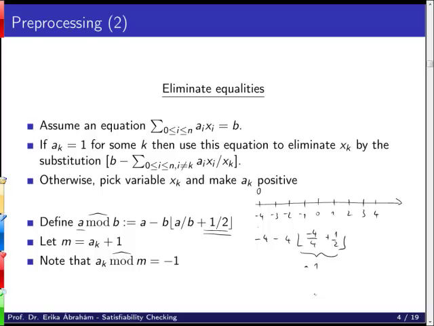It is the rest. But by minus 3, we will see, the definition is just minus 3 minus 4 times minus 3 divided by 4 plus 1/2.